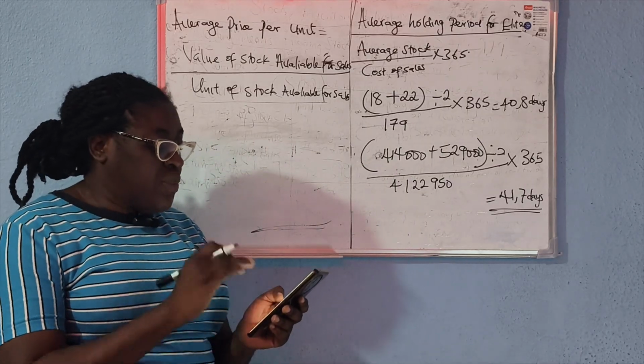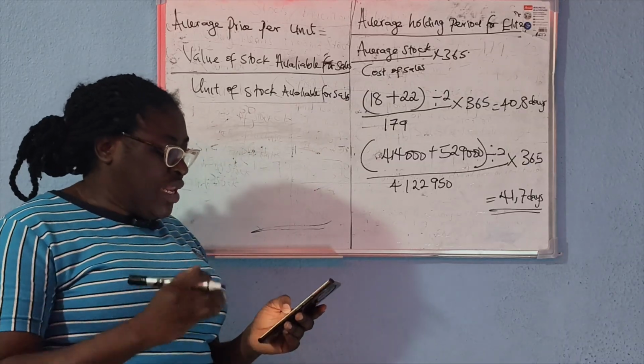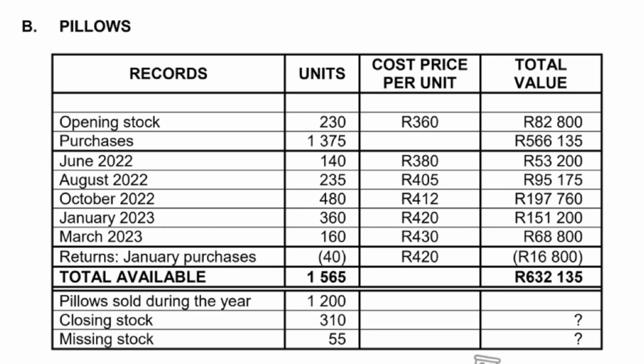If you study your table B very well, you find that the total value available for sale has been given to you as 632,135, and the units available have been given as 1,565 units.